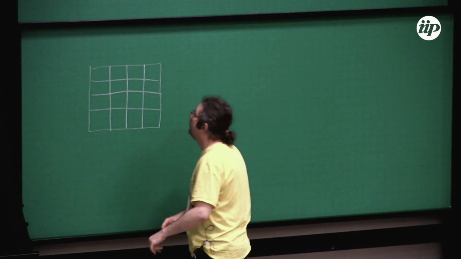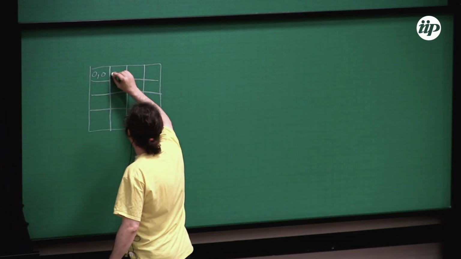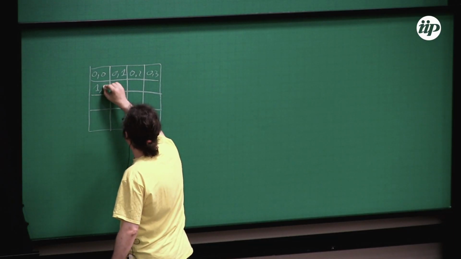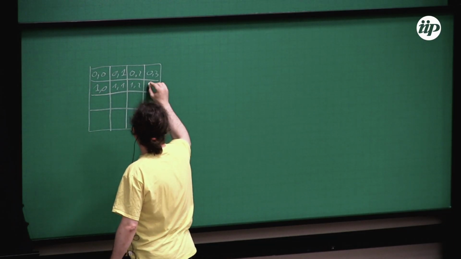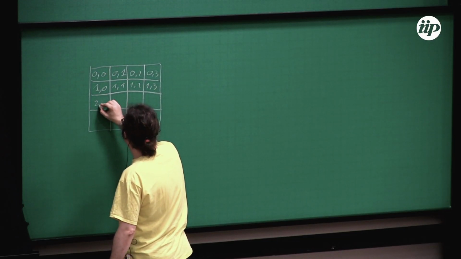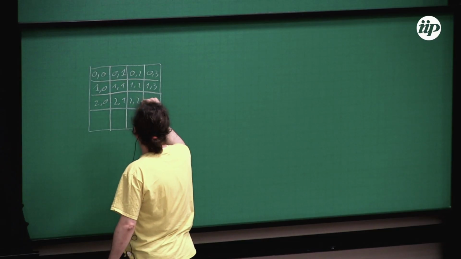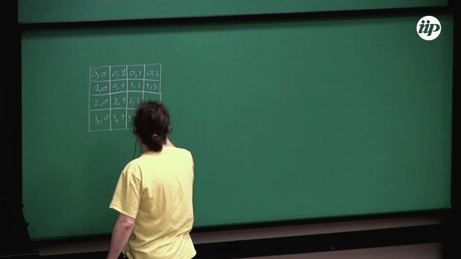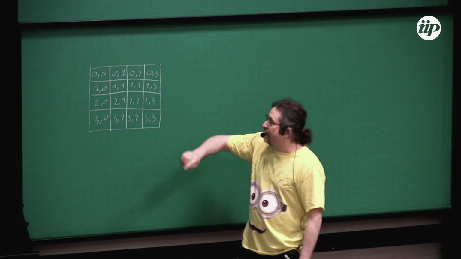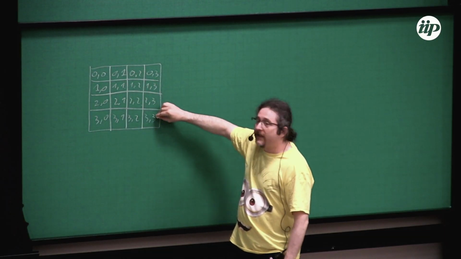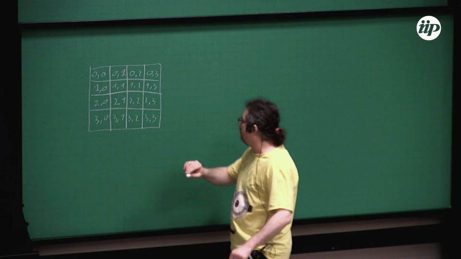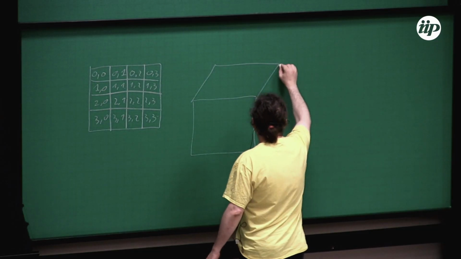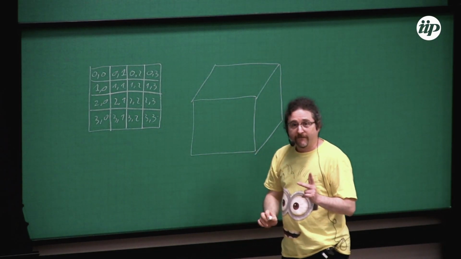Two-dimensional, okay? The elements on the diagonal are those where the indices are repeated. Three dimensions.